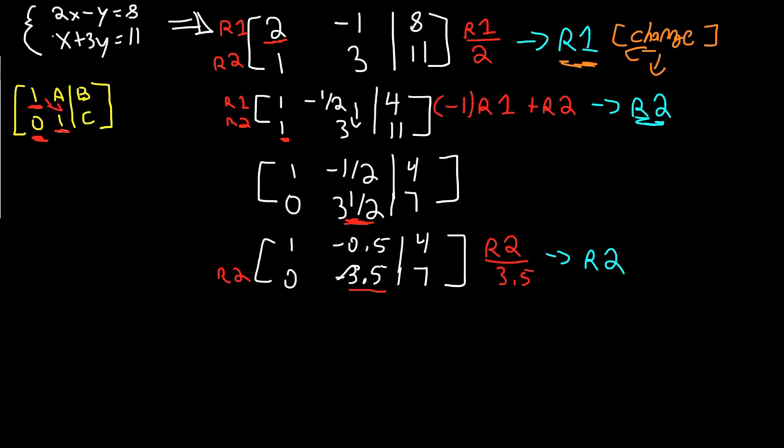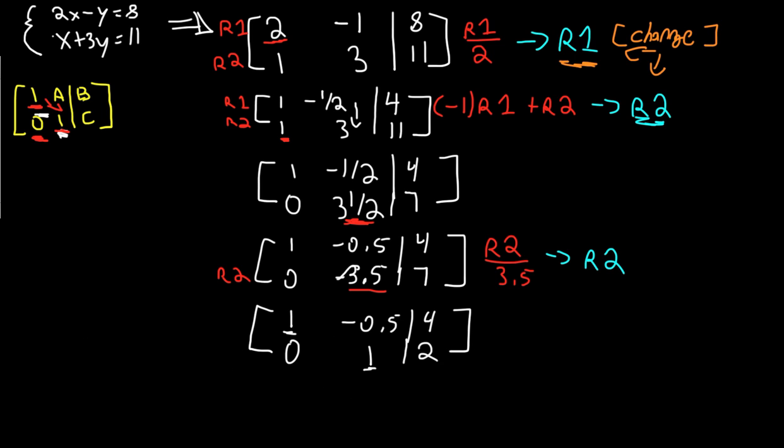So let us write the new matrix. Row 1 stays the same. 0 divided by 3.5 is 0. 3.5 divided by 3.5 is 1. Now we have two ones here, on the diagonal. And then what is 7 divided by 3.5? It is 2. There you go.